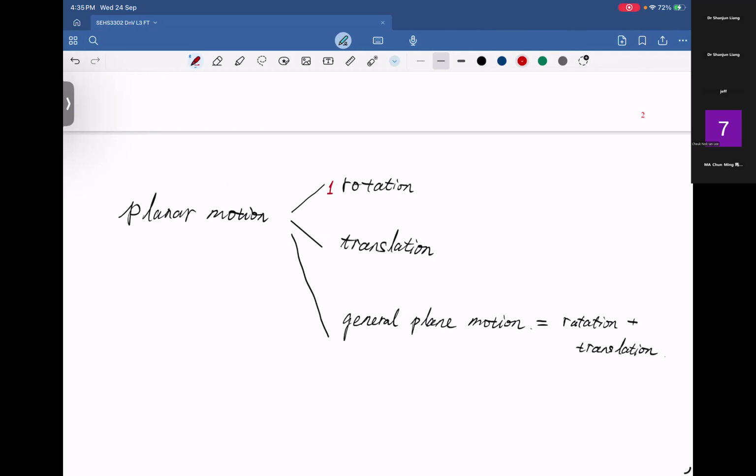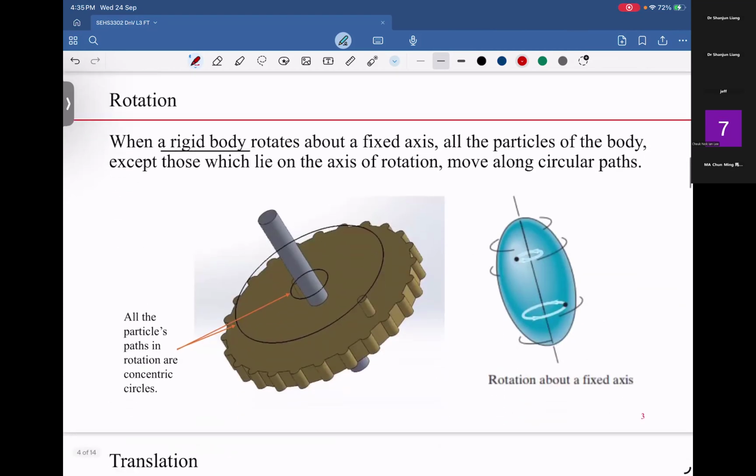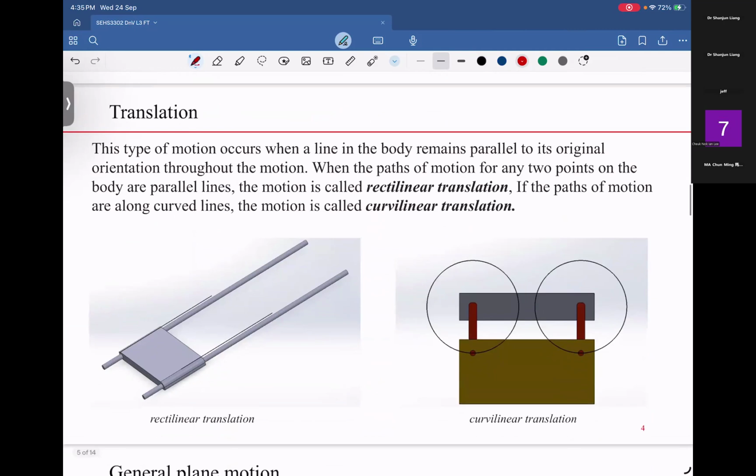So finally, there are three types of motion. We have learned rotation, and then we introduce translation and general plane motion, those concepts. Firstly, the translation. What is translation? There are two types of translation.